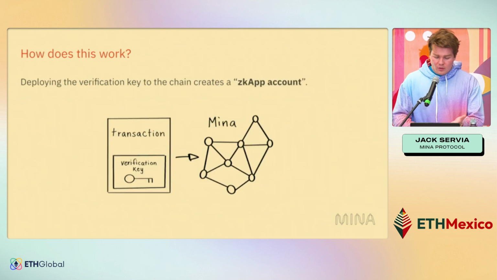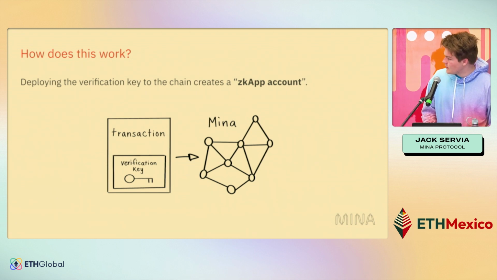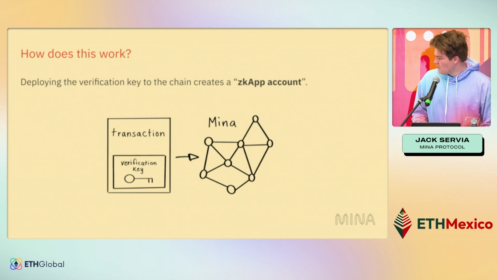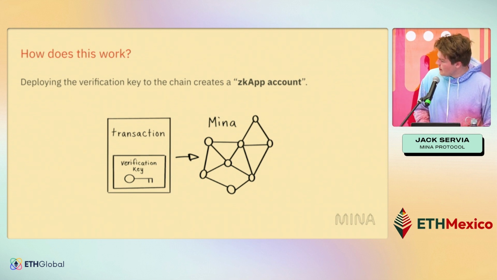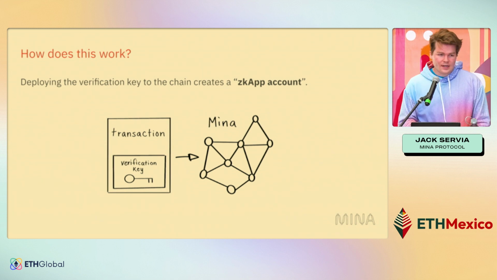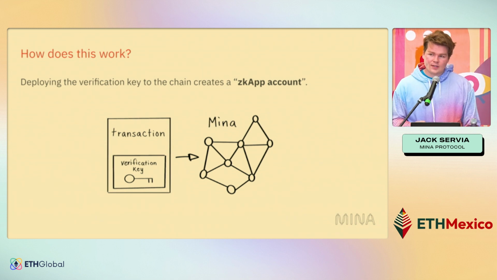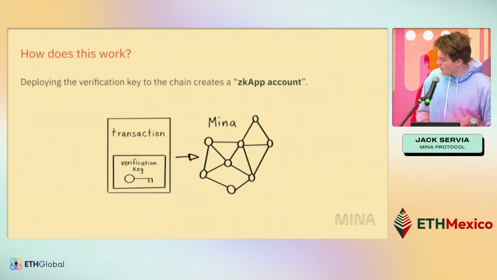So when we deploy a verification key to the Mina blockchain, we create something called a zkApp account. There's not as well-defined a difference between an externally owned account and a contract account as there is on a blockchain like Ethereum. With Mina, a zkApp account is basically an account that has one of these verification keys associated with it, and it will only accept transactions if they have a valid proof associated with that verification key.